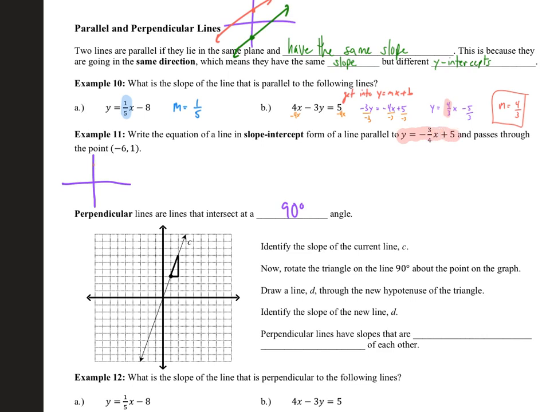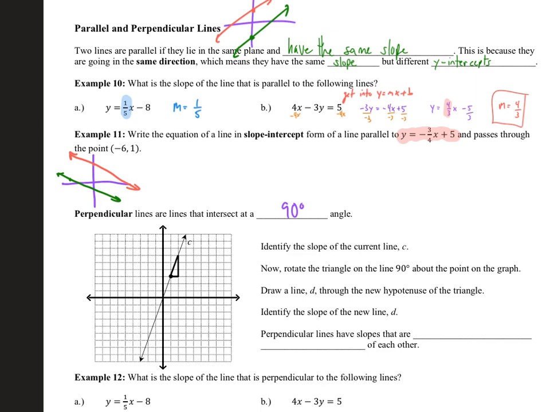Y-intercept at 5 goes down, it's negative slope. They want us to pass through negative 6, 1, which can be over here somewhere. I want it to be parallel to that. Okay, so our line's going to look something like that.